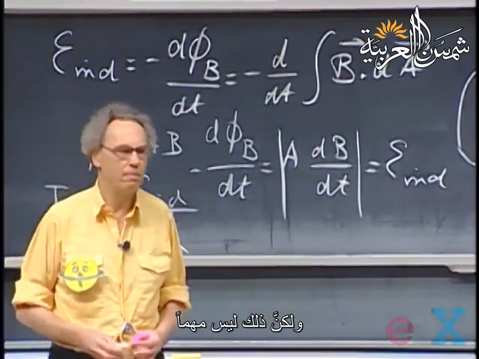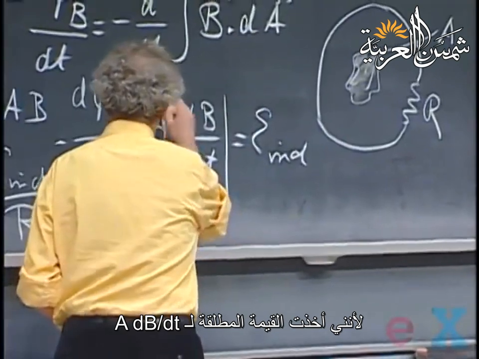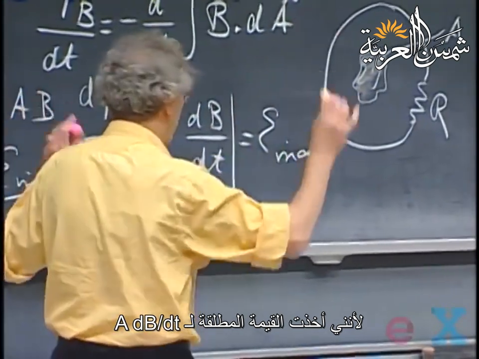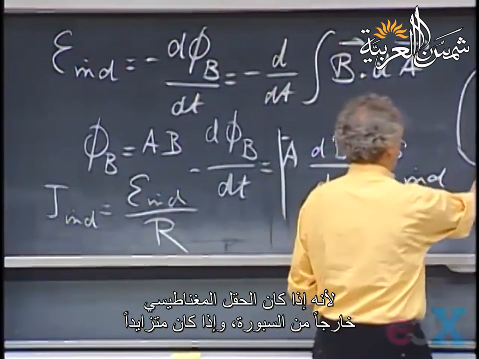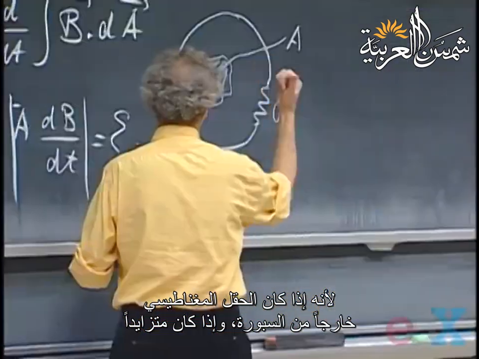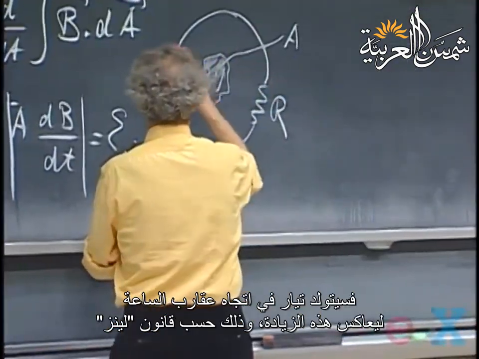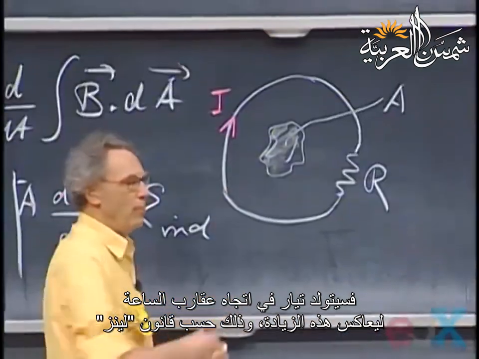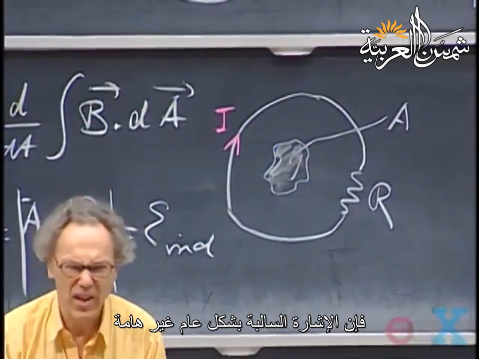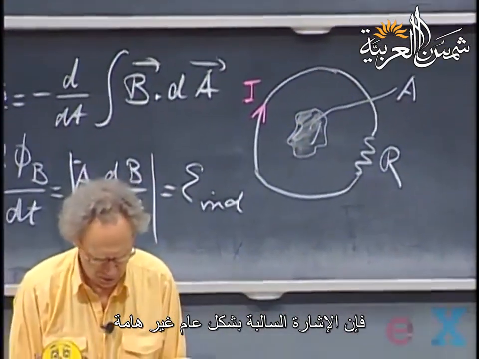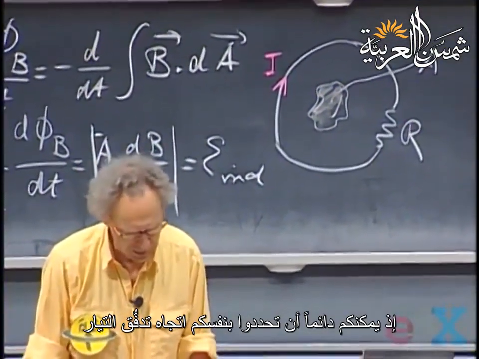That's not important for me. I should put a minus sign here, but I put these bars there, so get rid of minus signs. Because if the magnetic field is coming out of the board and if it were increasing, then Lenz's law will run a current in this direction to oppose that increase. And so minus signs in general are for the birds. You can always reason in which direction the current is going.